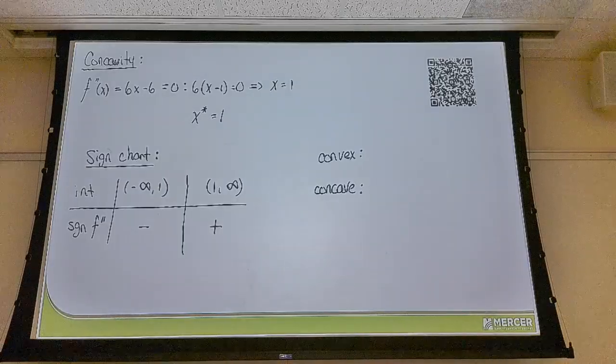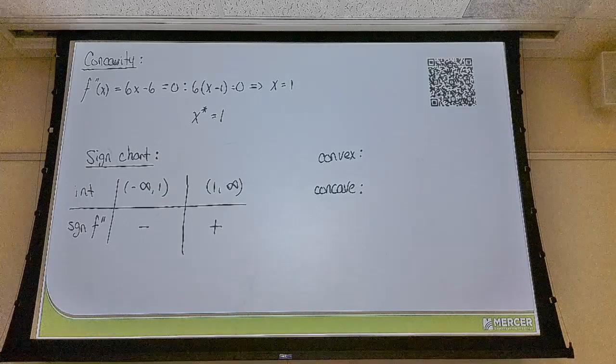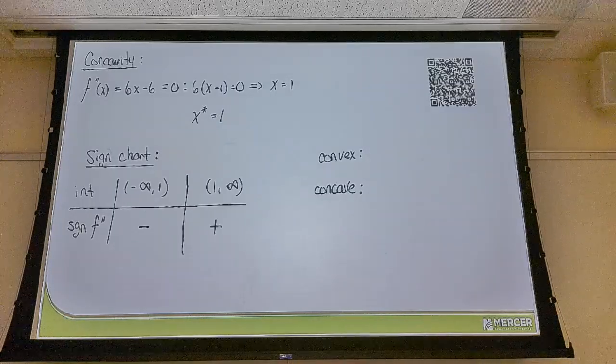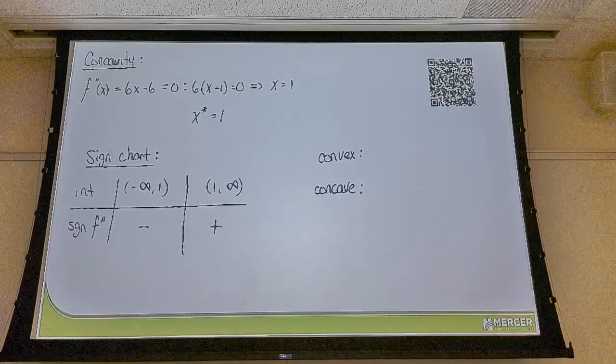Where would f be convex? 1 to infinity. Why? Because it's increasing. What's increasing? Concavity? Concavity doesn't increase or decrease, it's a property.